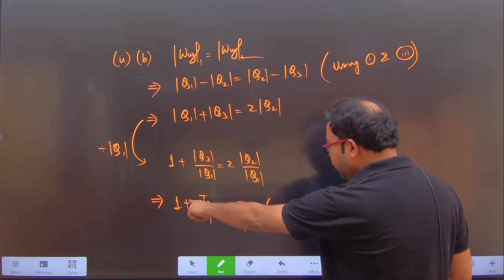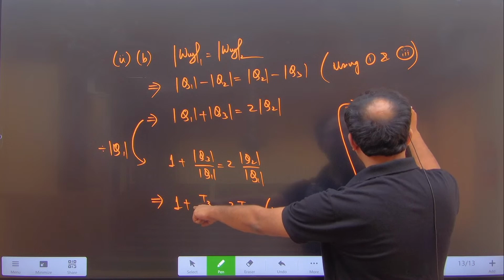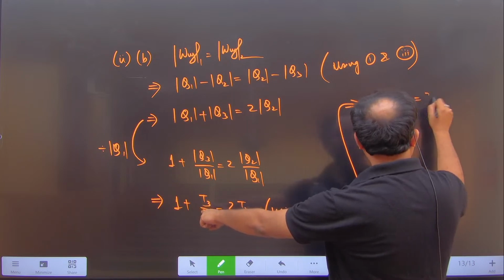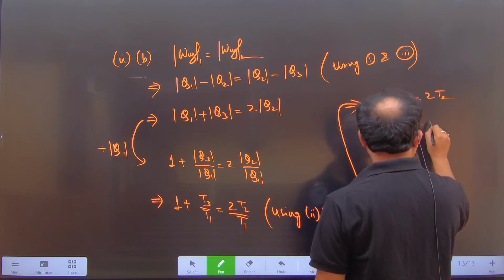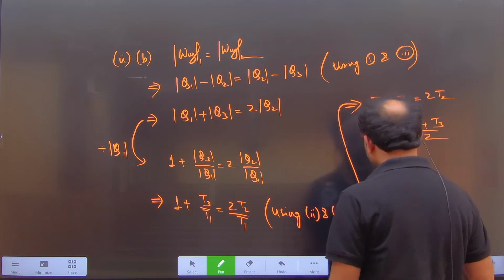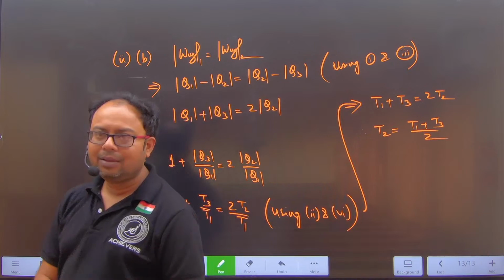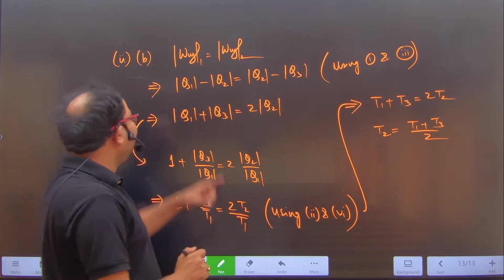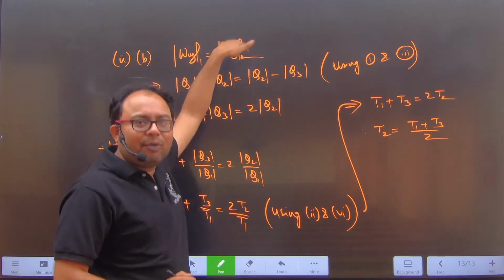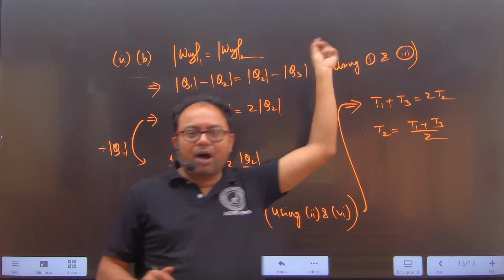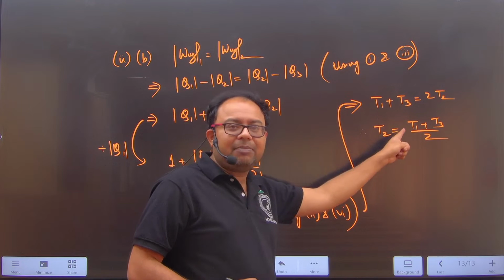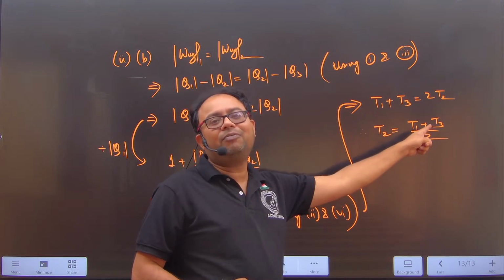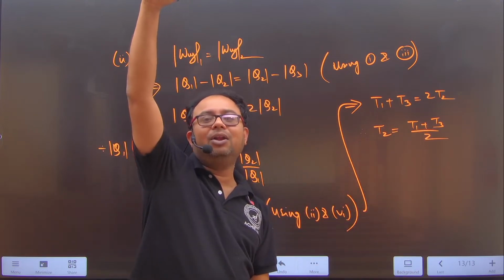If you multiply both sides by T1, then it becomes T1 plus T3 equal to 2T2. That means T2 is equal to T1 plus T3 by 2. So if mod W cyclic 1 is equal to mod W cyclic 2, then the intermediate temperature becomes the arithmetic mean of the upper and lower temperatures.